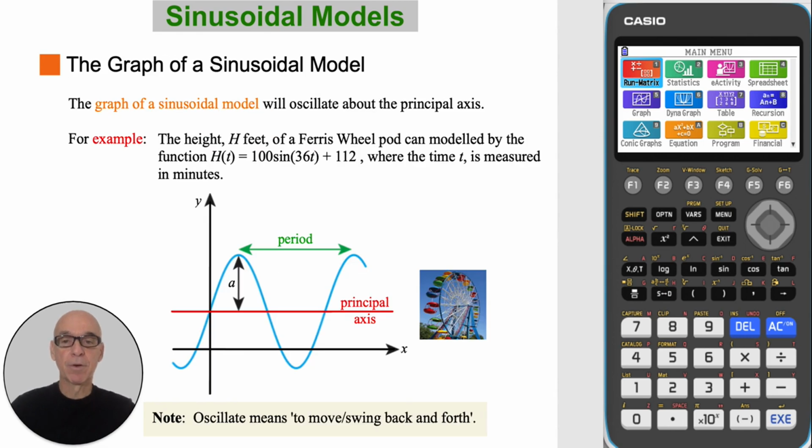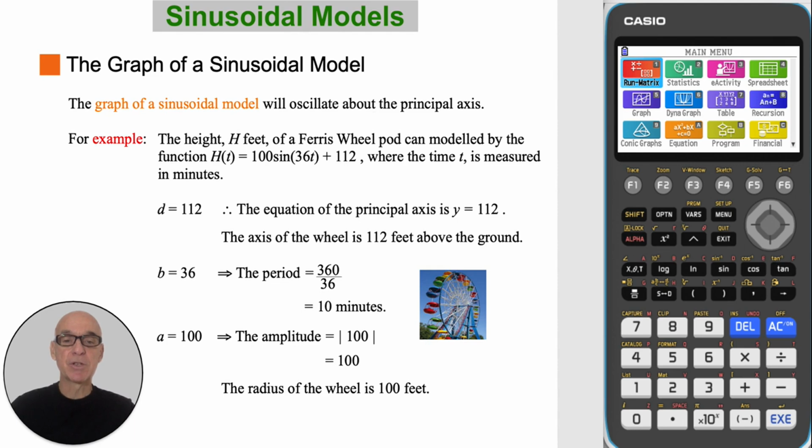The graph of a sinusoidal model will oscillate about the principal axis. For example, the height of a Ferris wheel pod can be modelled by the periodic function shown. The equation of the principal axis is y = 112, reflecting that the axis of the Ferris wheel is 112 feet above the ground.